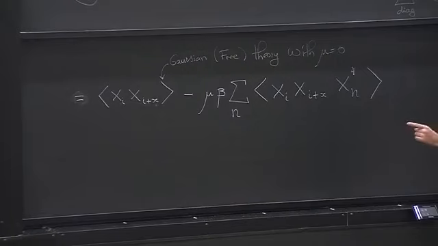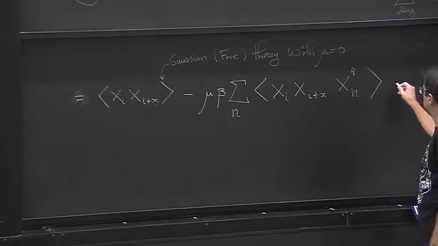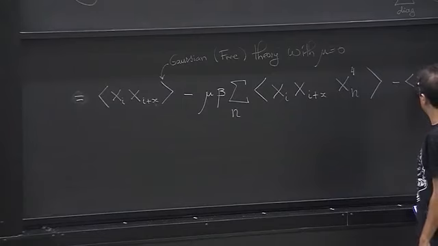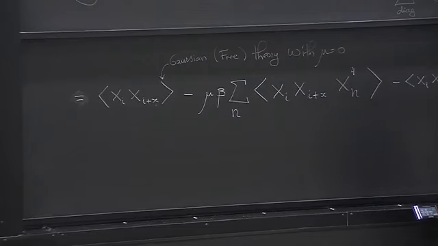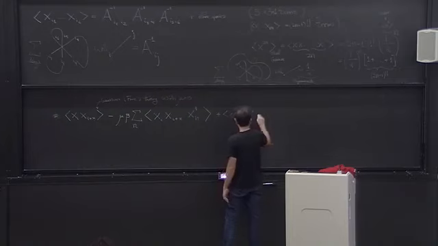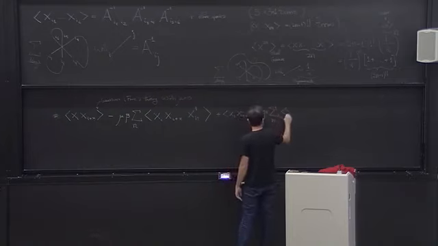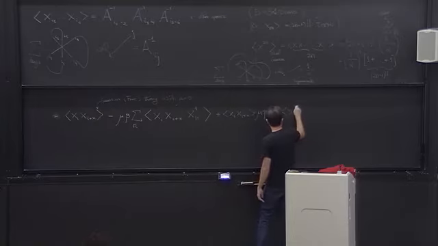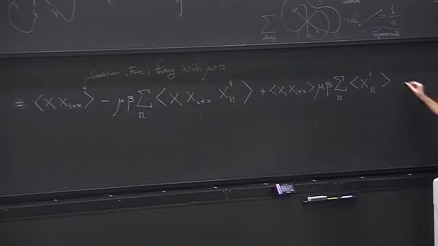And downstairs I would also expand out, so I would get minus the expectation value of x_i x_{i+x} times plus mu beta sum over n of the expectation value of x_n to the 4, plus order mu squared.